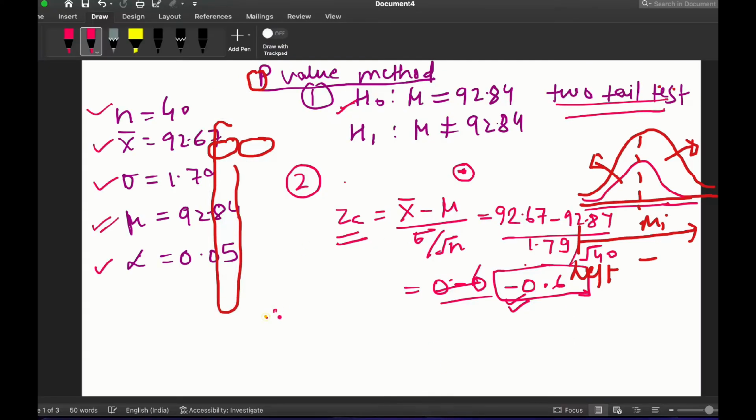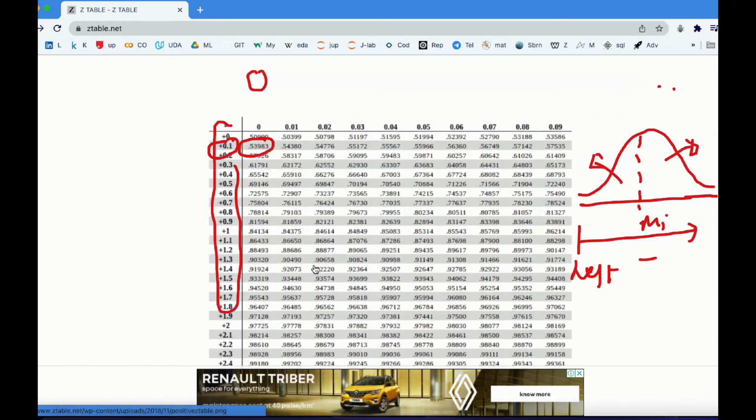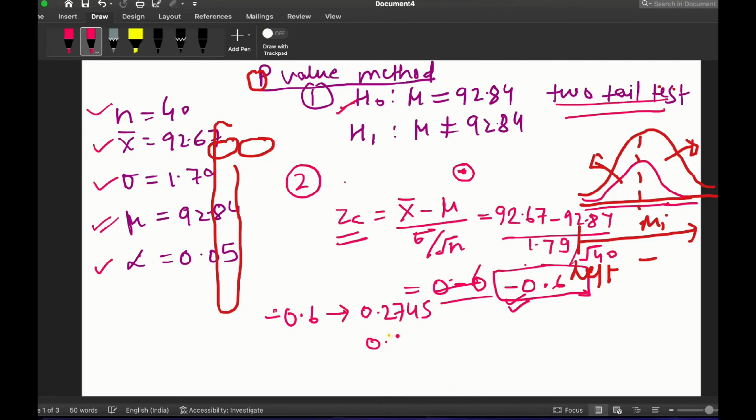With the minus 0.6, it is 0.274, and with the positive 0.6, it is 0.7257.